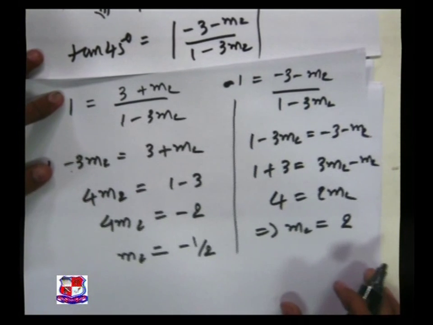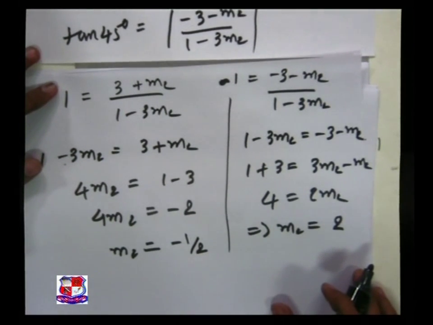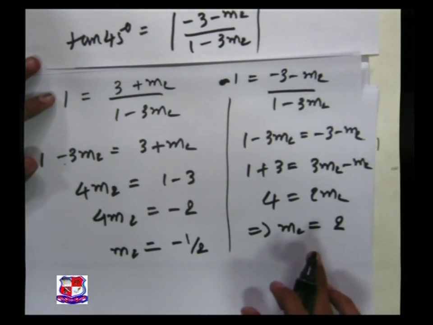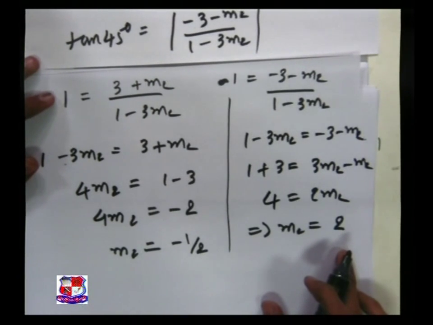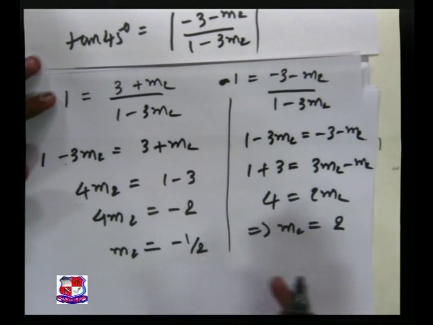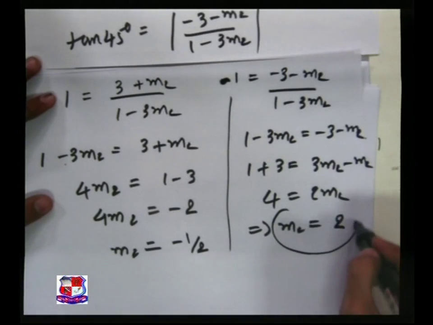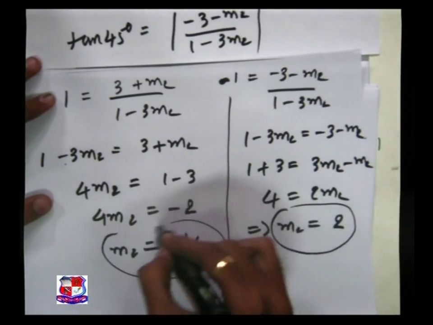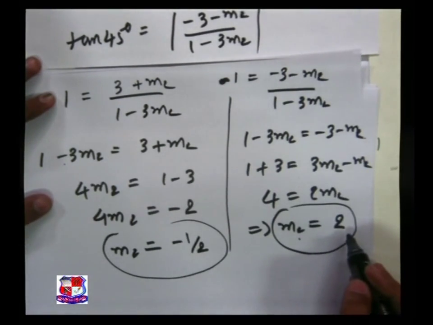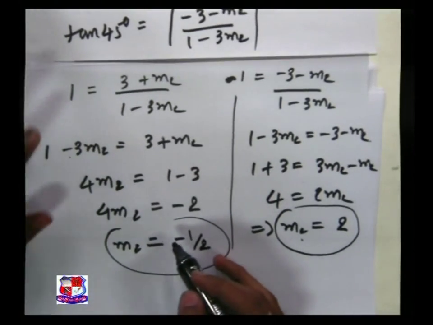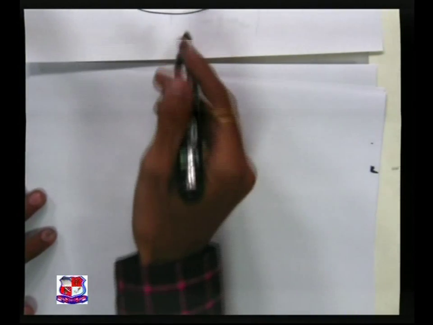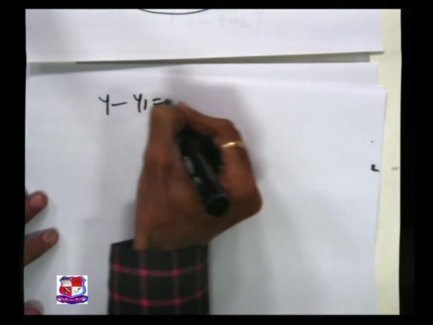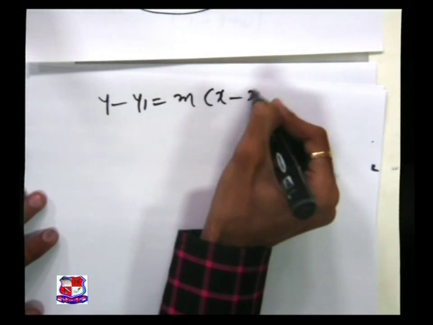So we have two possibilities for the slope of the required line, that might be 2 or minus 1 by 2. Now using the point slope form, we have the slope m2 equal to 2 and m2 equal to minus 1 upon 2. So now using point slope form, that is y minus y1 is equal to m times (x minus x1).